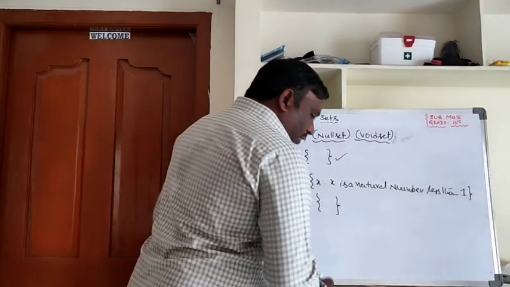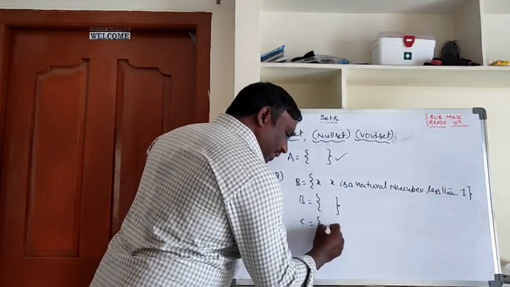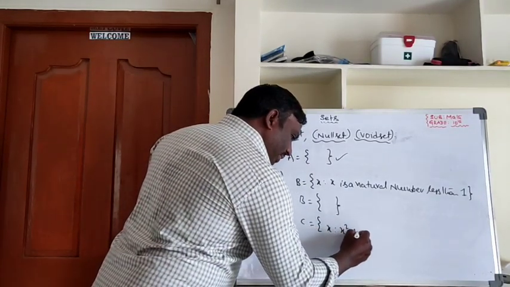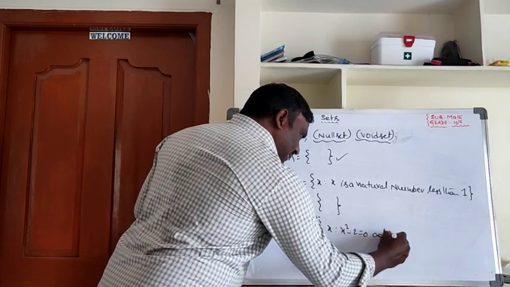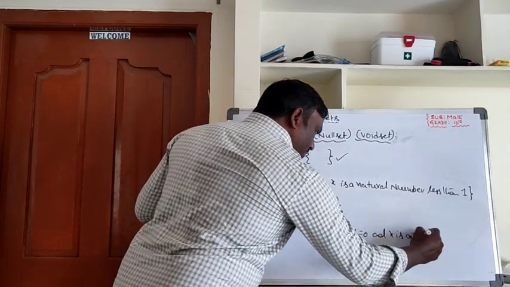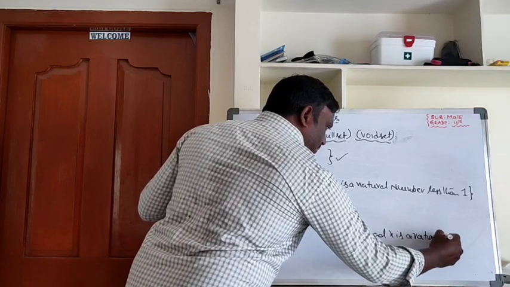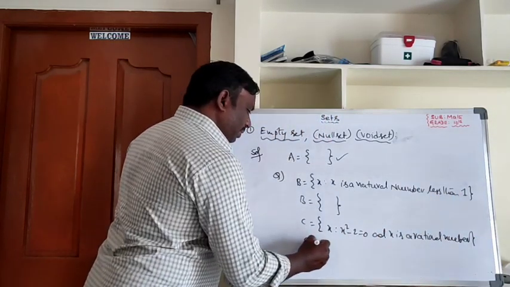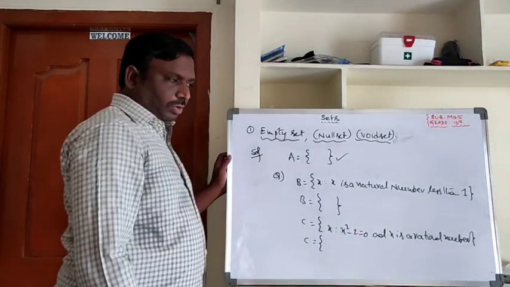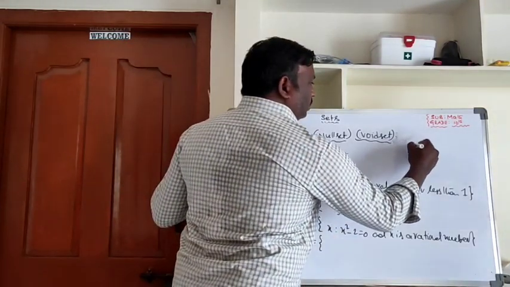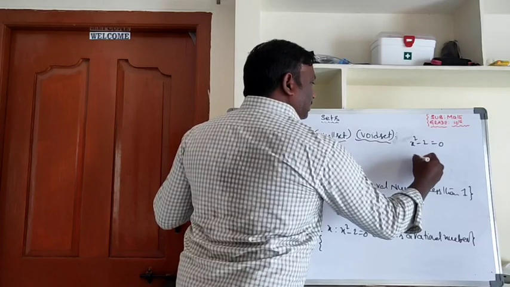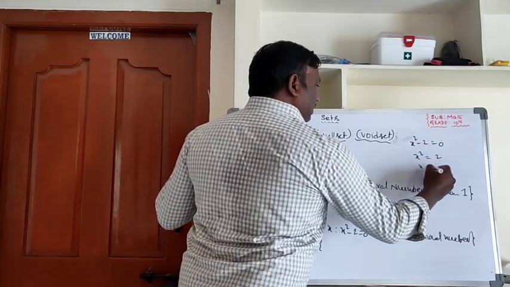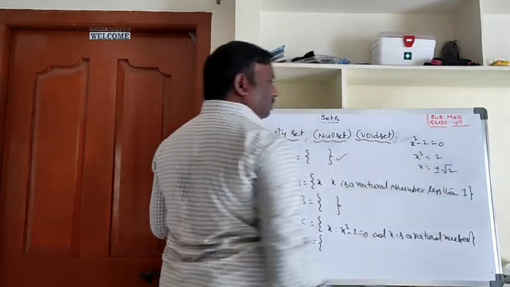Okay, one more example. C equals x such that x square minus 2 equals 0 and x is a rational number. If you solve x square minus 2 equals 0, then x square equals 2, x equals plus or minus root 2.